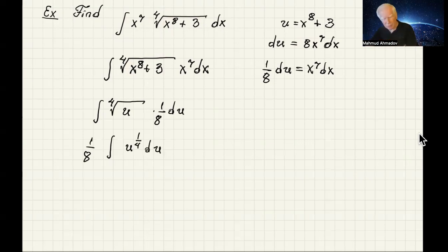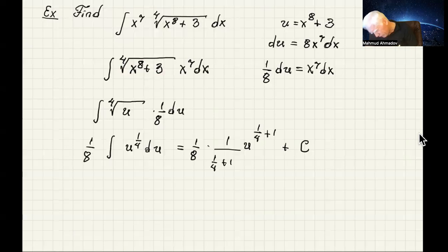And then apply the power rule. The power rule gives us 1/8 here, then u to the 1/4 plus 1, and then we have 1 over 1/4 plus 1, plus c.